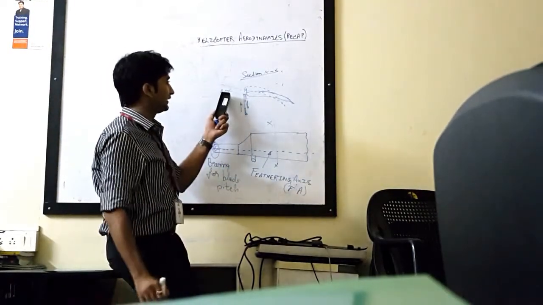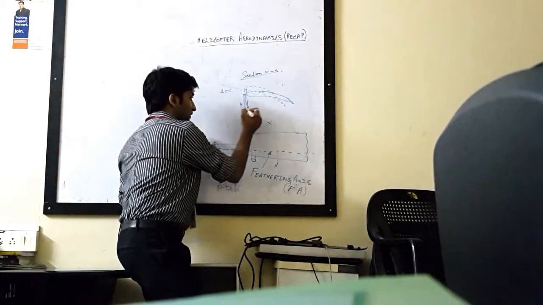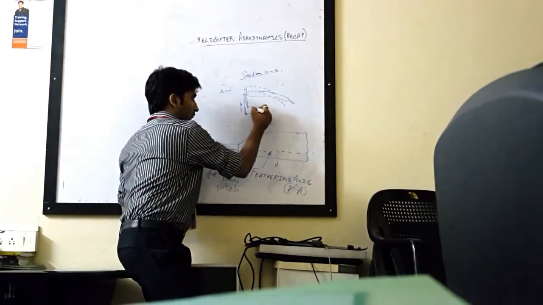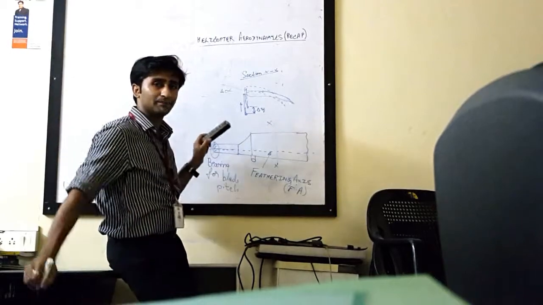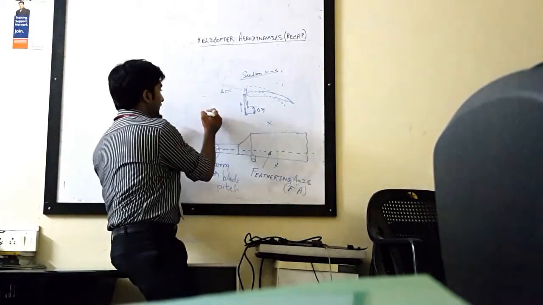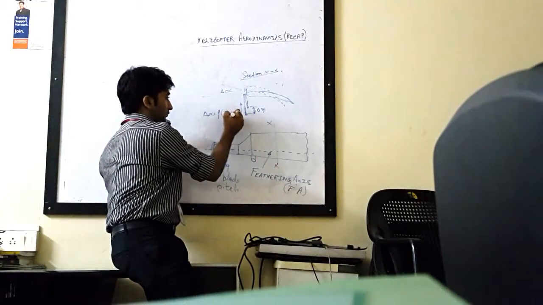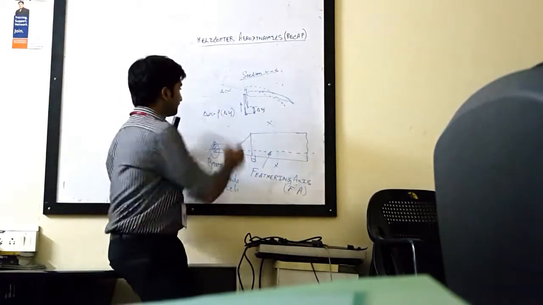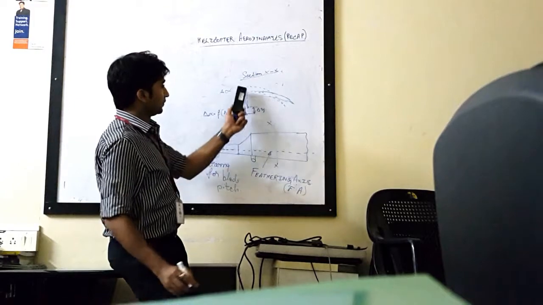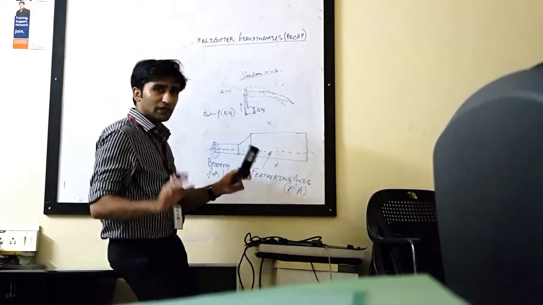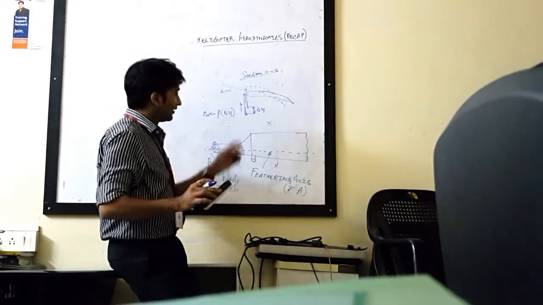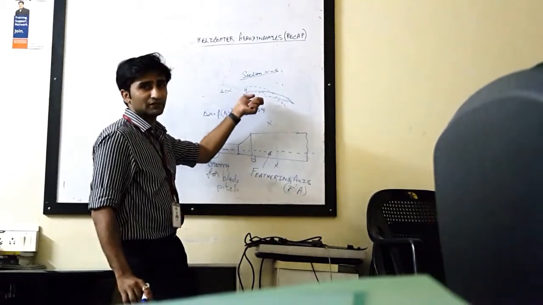Now you can control the delta alpha by using delta y, right? So delta alpha is a function of delta y. Okay. So now you know that there is some mechanism which is available to control the pitch of individual blades.